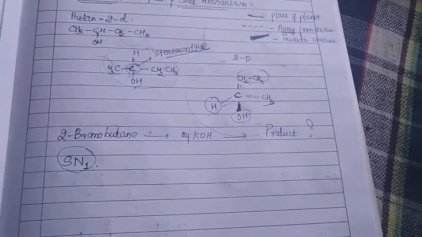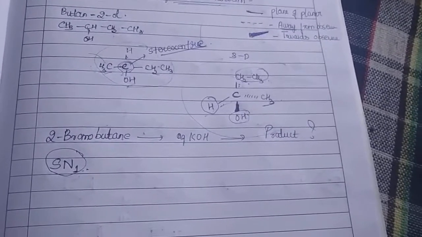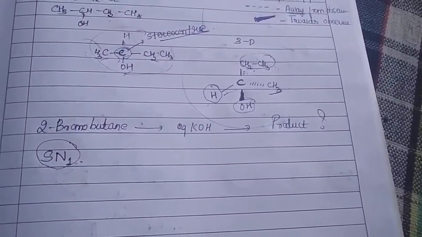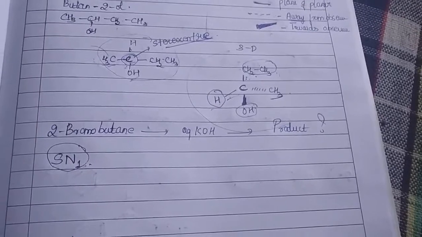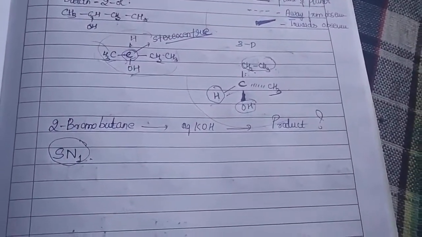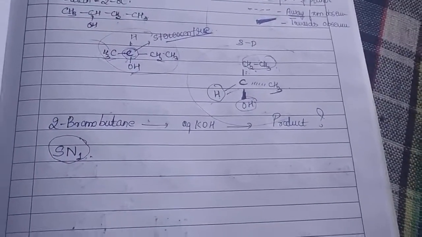Why am I telling this beforehand? Because we have covered these terms in our complex lessons, if you remember. What do you mean by racemic mixture? What do you mean by racemization? If you want, you can have a look at those topics once again.